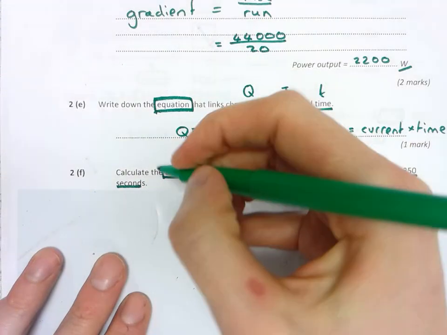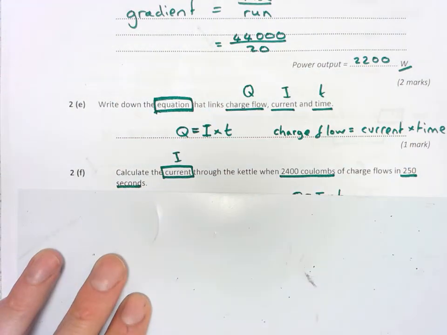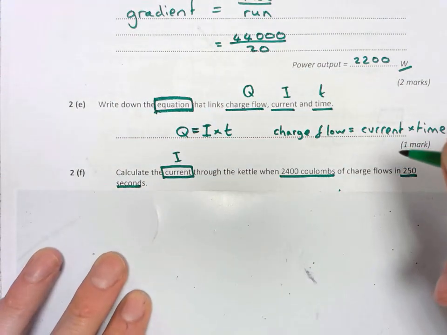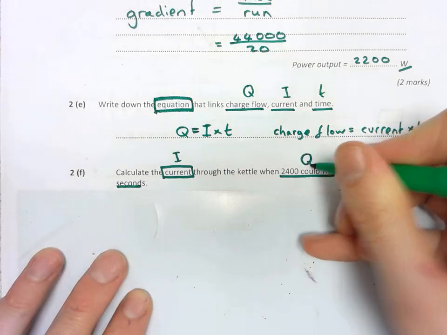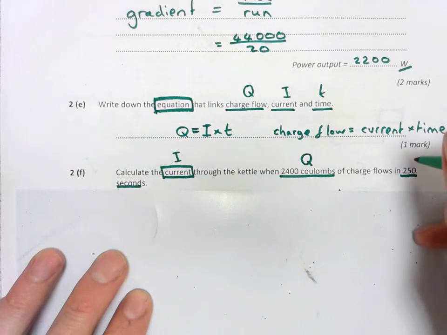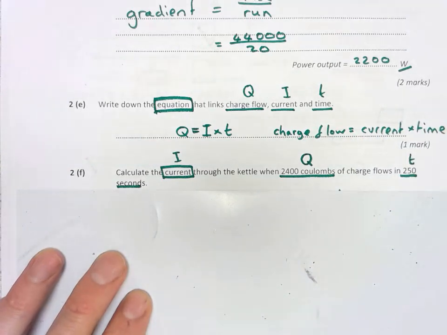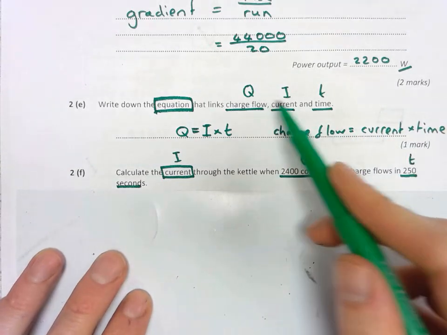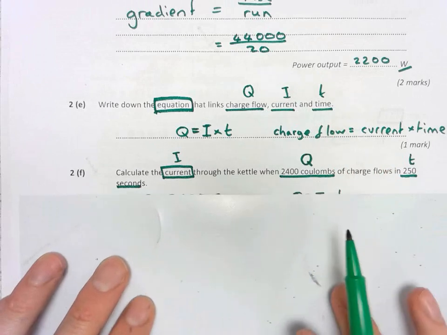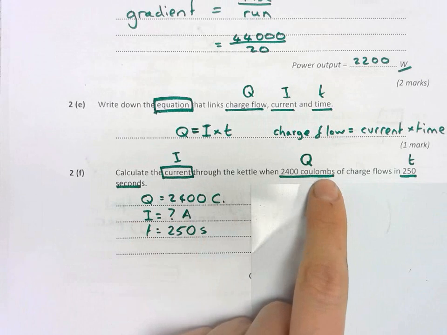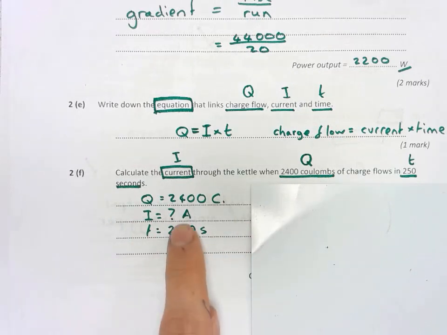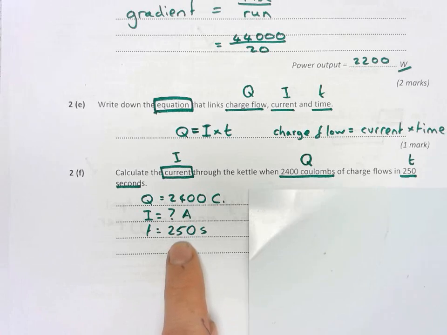Calculate the current, which is I, through the kettle when 2,400 coulombs of charge is Q, flows in 250 seconds, time is T. We've got our formula here, Q equals I times T. So starting off, writing down what you know. Q is 2,400 coulombs, I we don't know, but it's going to be in amps, and T is 250 seconds.